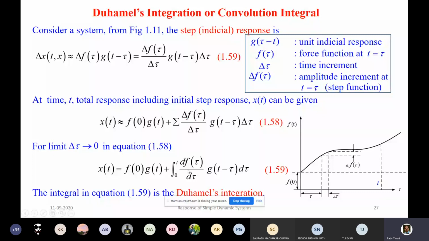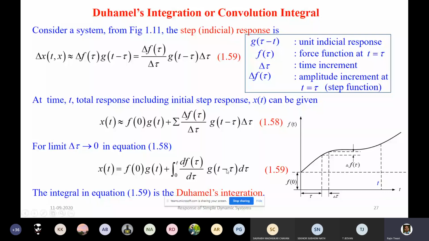This is the same expression, but with delta tau tends to 0, so we have the integral form. This expression is obtained in terms of the indicial response g, and there is an integration involved. This is called the convolution integral or the Duhamel integral.